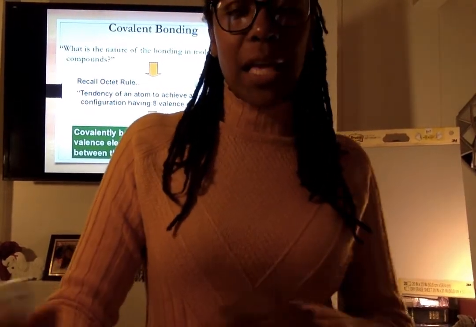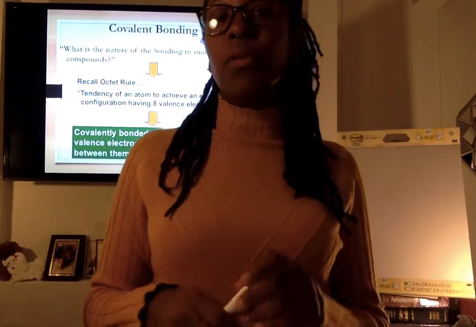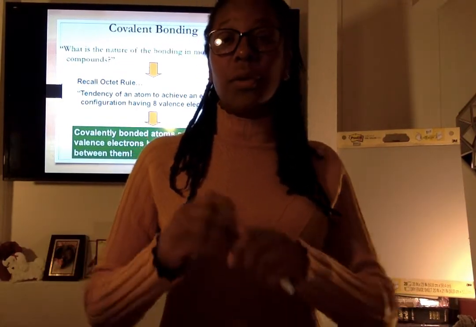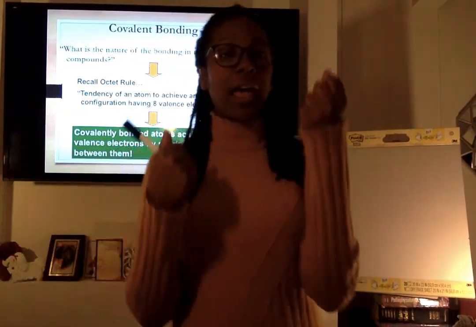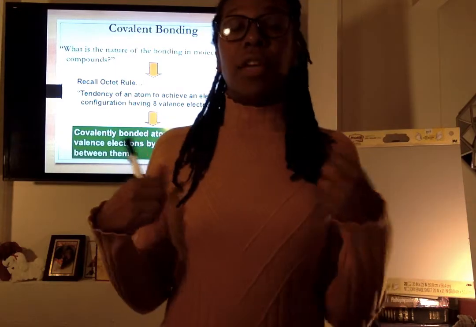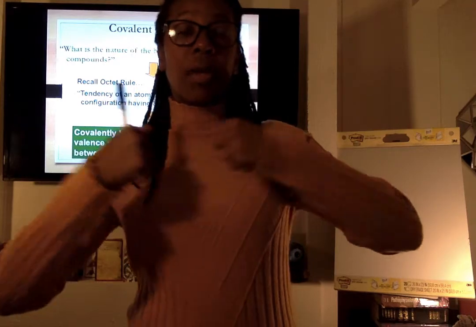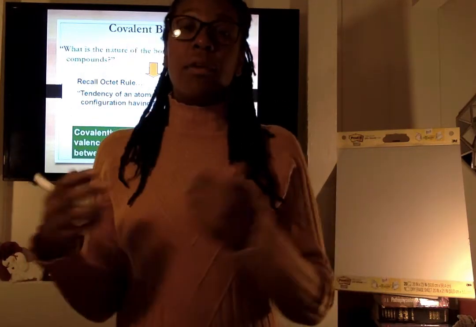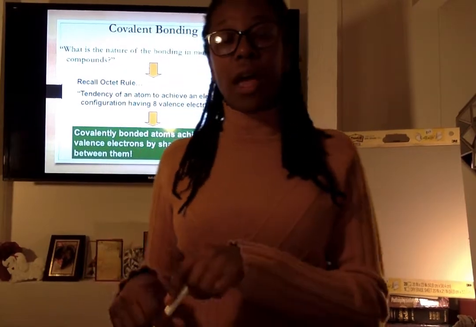Okay, so the last part of this half of chapter 8 is going to go into covalent bonding. The first part was talking about ionic bonding, and that's where you have that magnetic force, right? You have a cation and you have an anion, and they create this ionic electrostatic force that connects them and draws them towards each other. Now, covalent bonding, as we know, is two nonmetals, which are both anions.